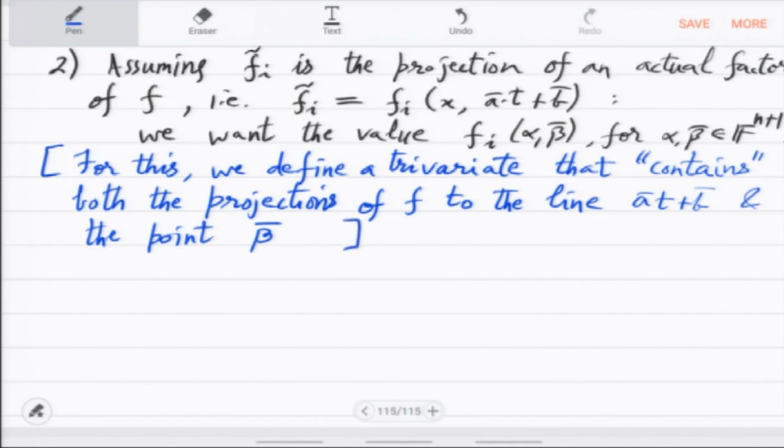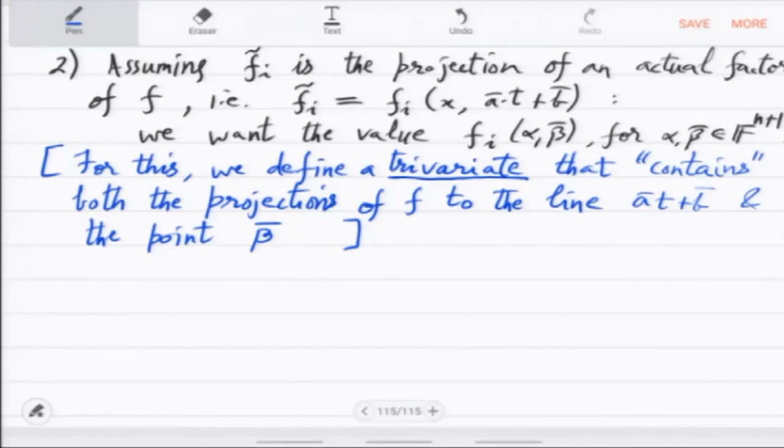That is why the trivariate is needed, because we want not only this line a bar t plus b bar to be contained in the projection, but also the point (alpha, beta bar), because only when the point is present can we evaluate Fi at that.